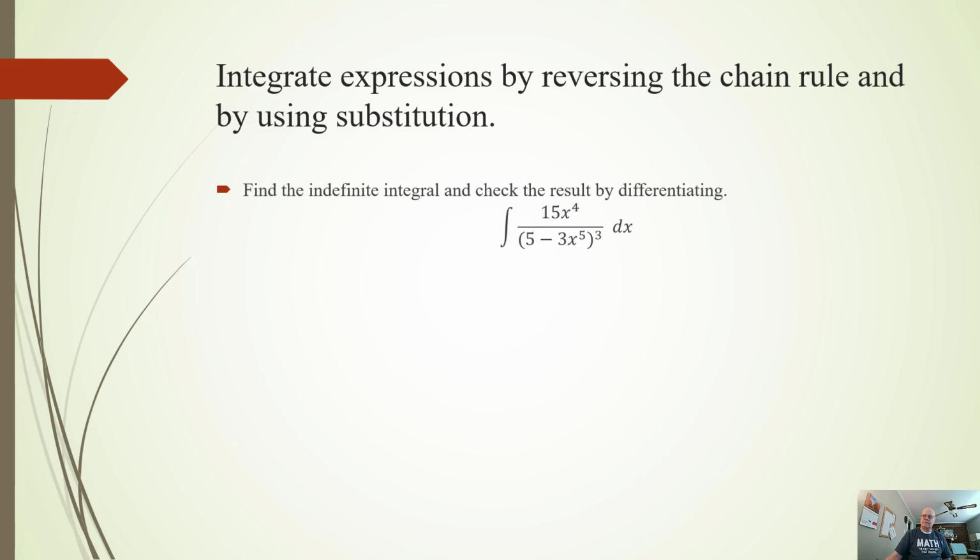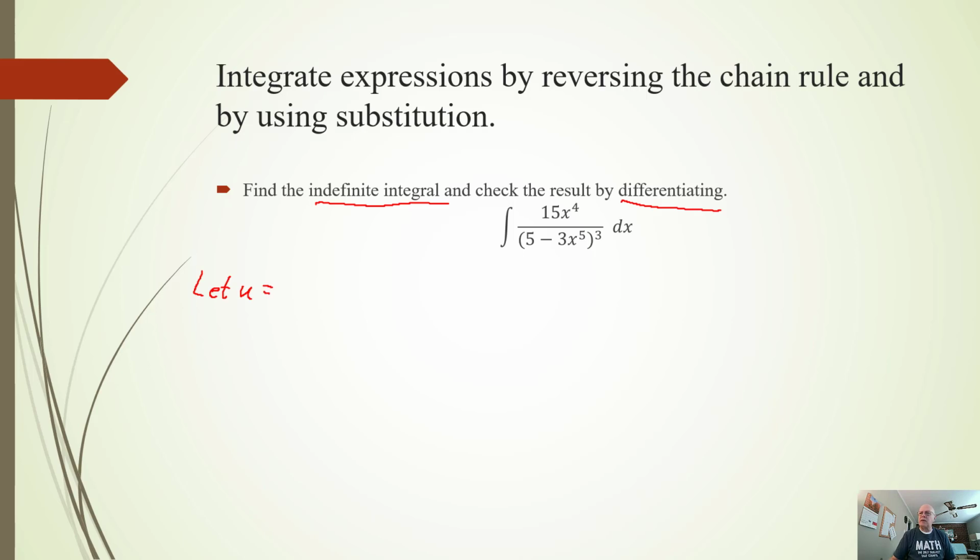Next one, we're going to find this indefinite integral, and I'm going to leave the checking to you because that's good practice, because this is a good way to remember how to do the differentiation. So first, what are we going to set up?